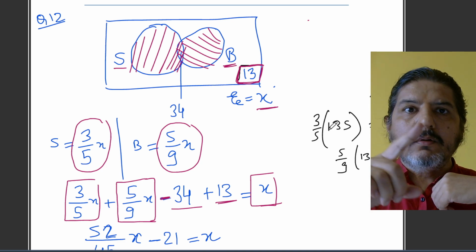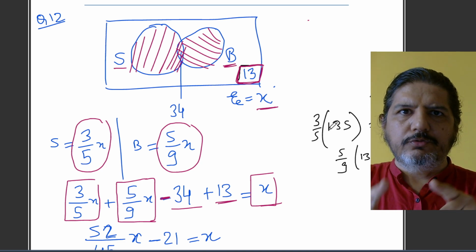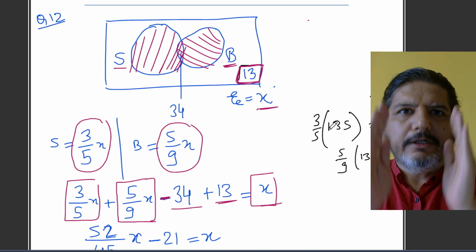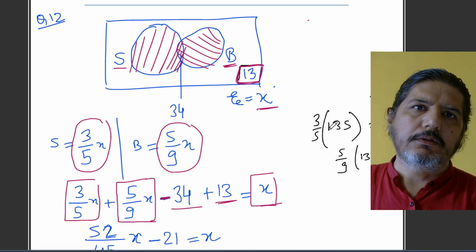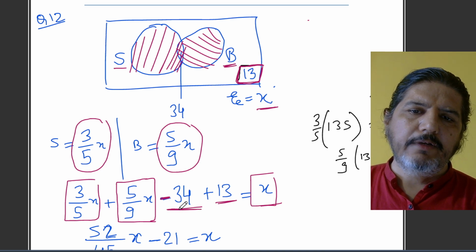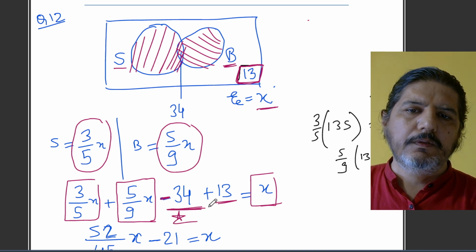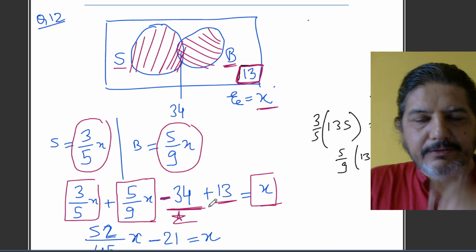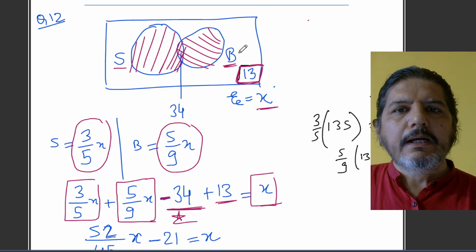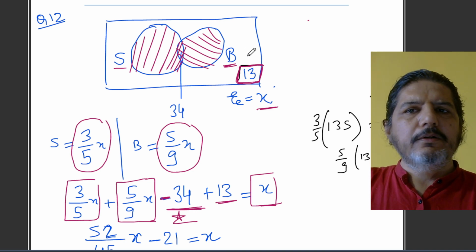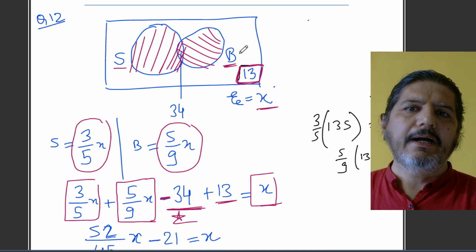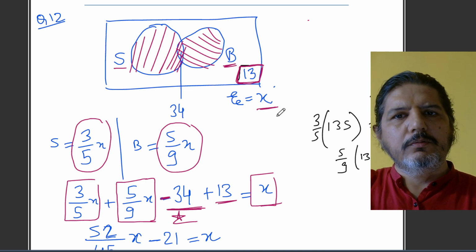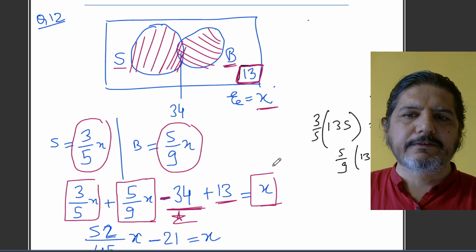So once I'll have to subtract 34 so that these 34 members are only counted once. It is very critical to understand that 34 has to be subtracted once. Plus these 13 people, who don't like any of the sports. If I add all these numbers, this would be equal to the total number of people, X.